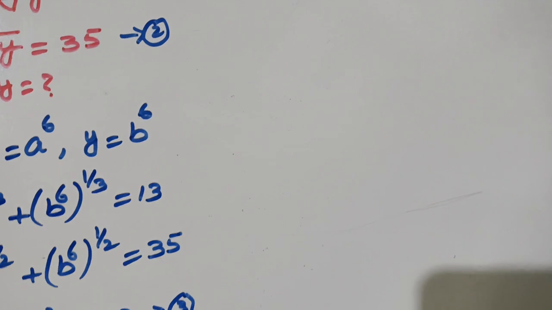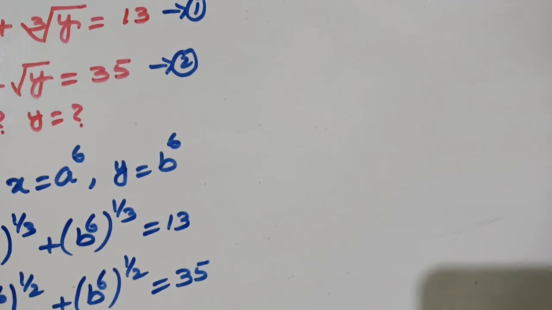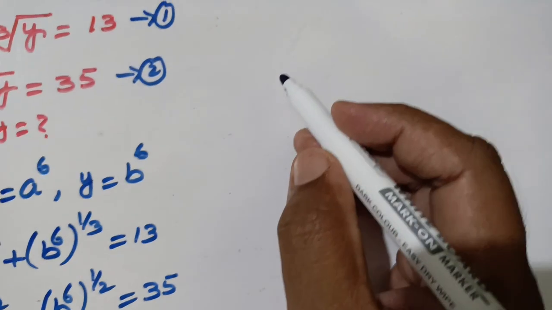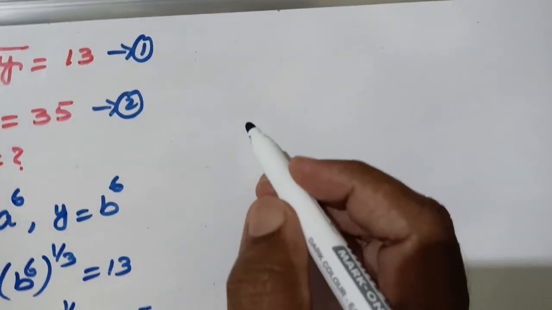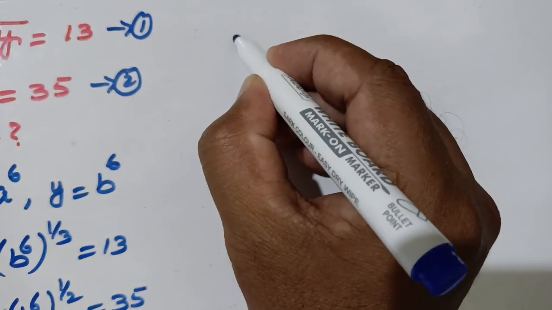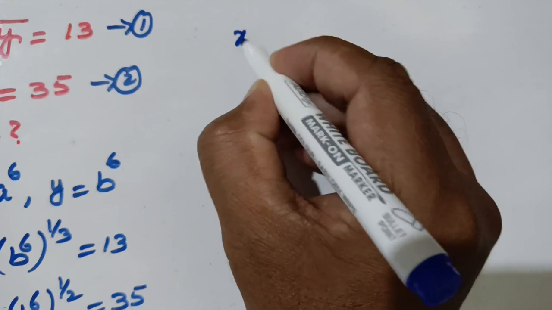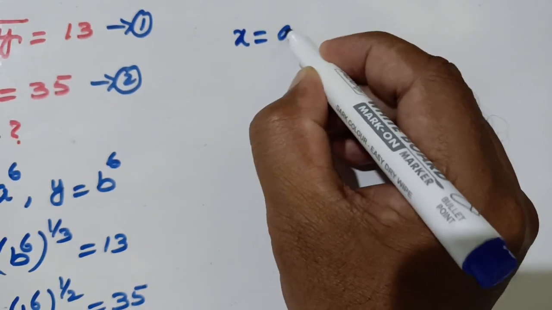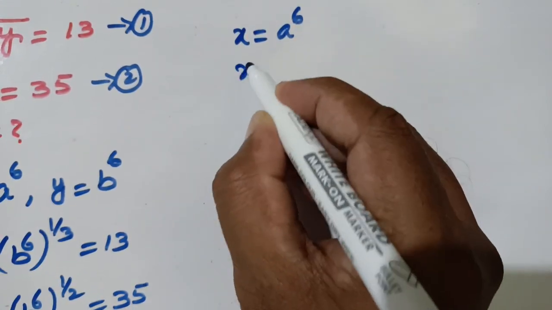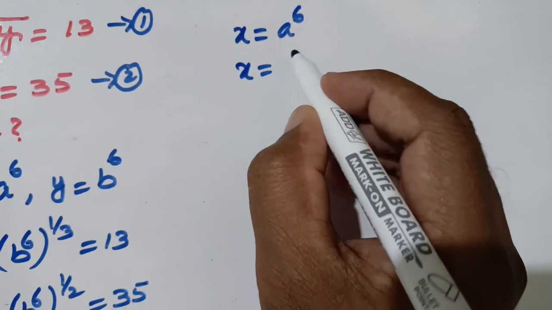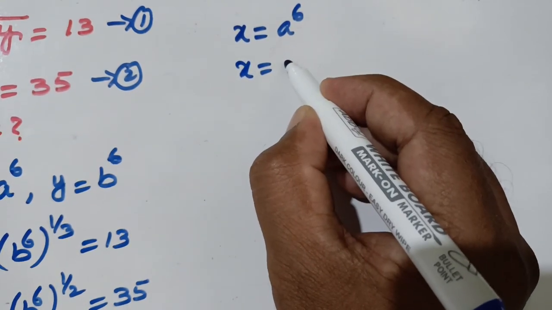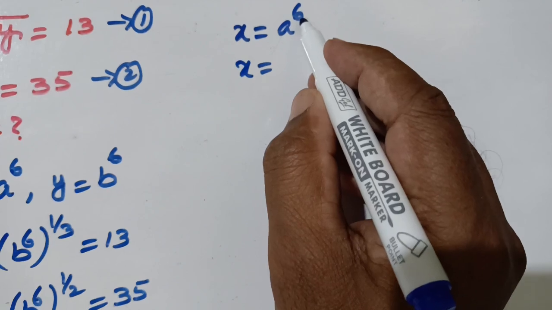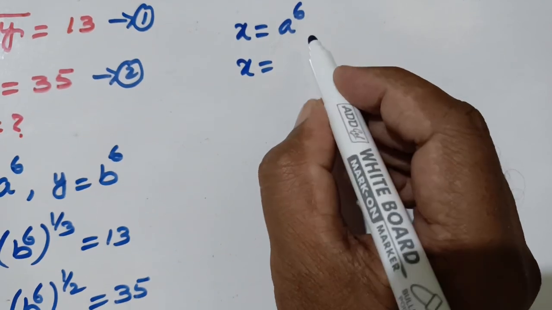Now coming to this stage, a crucial stage. So x is equal to a to the power of 6. So here I want x, that is a to the power of 6. X is equal to a, if I take plus 2 or minus 2, whole to the power of 6, it won't make any difference at all.